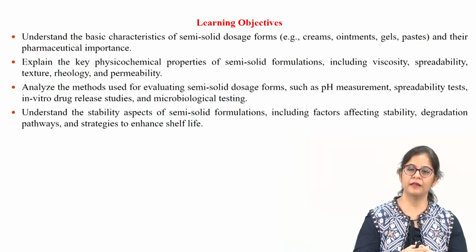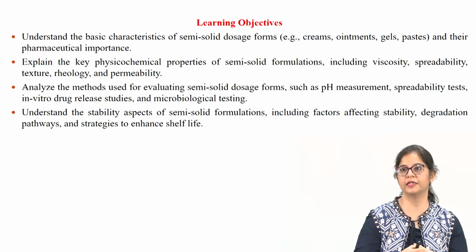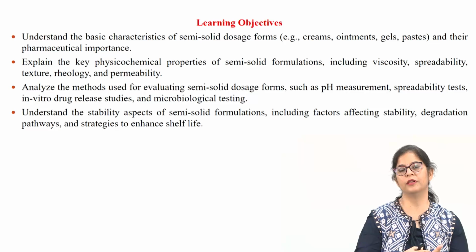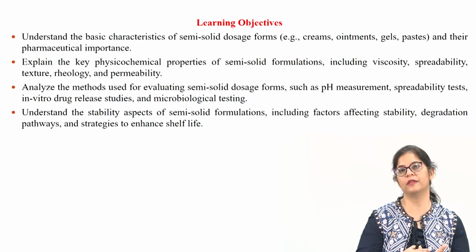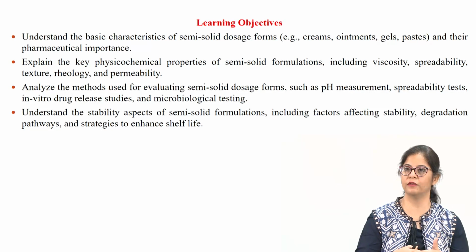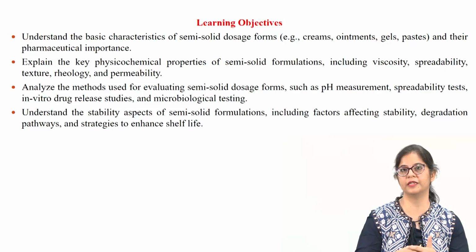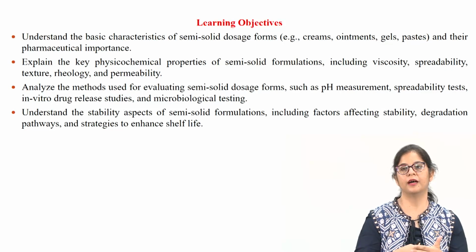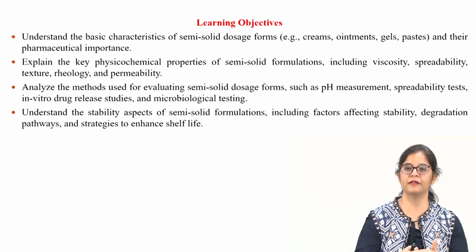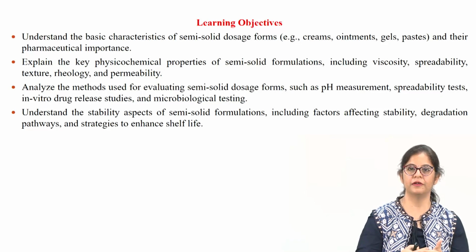We will be analyzing the methods used for evaluating the semi-solid dosage forms such as pH, spreadability, in vitro drug release and microbiological testing. Also, the stability aspects of the semi-solid dosage forms, including the factors which affect the stability, degradation, and the pathways to enhance the stability will be looked into.